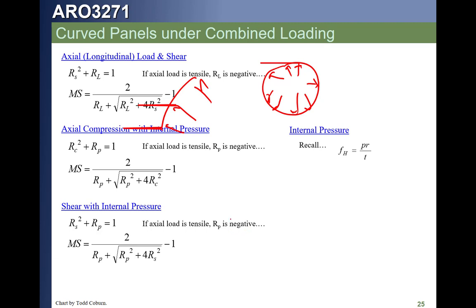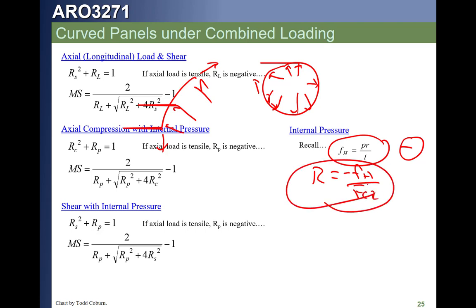Both of these cases are going to end up causing tensile hoop stresses, which means this stress will be negative, which means our stress ratio will be FH, and that's going to be negative now over FCR for that pressure. That's how we're going to do it, which we're going to show on this slide momentarily.